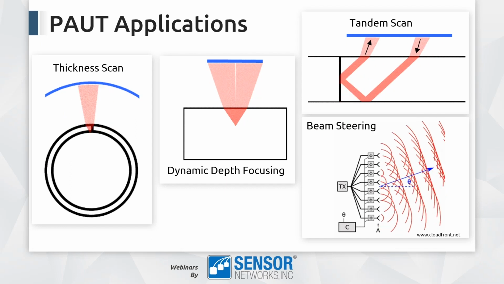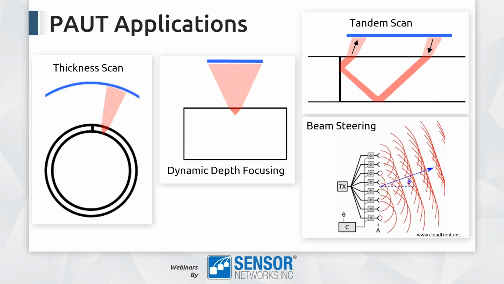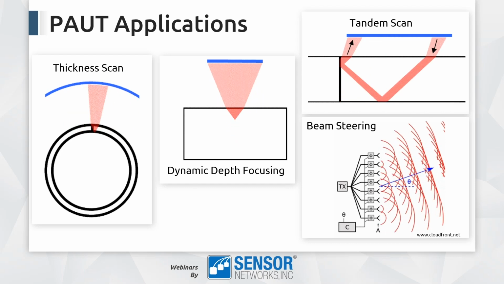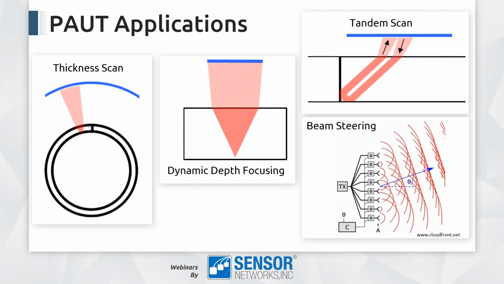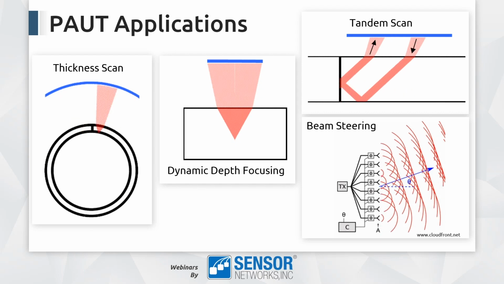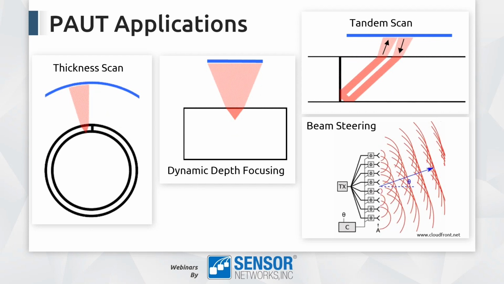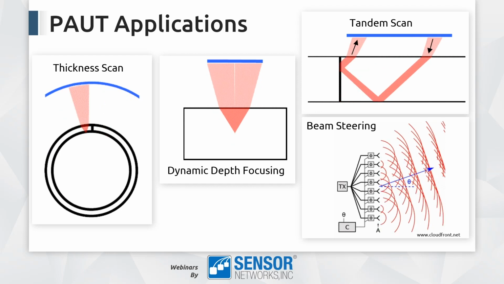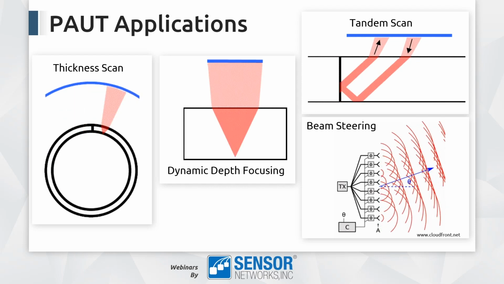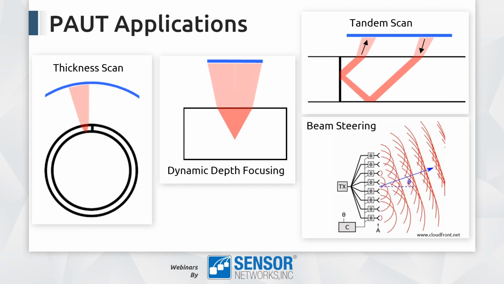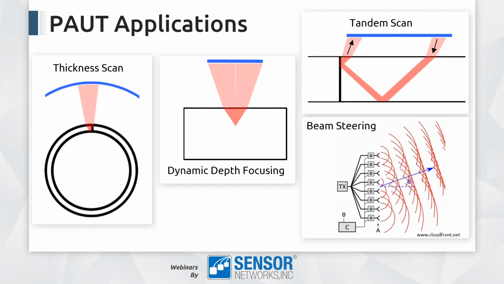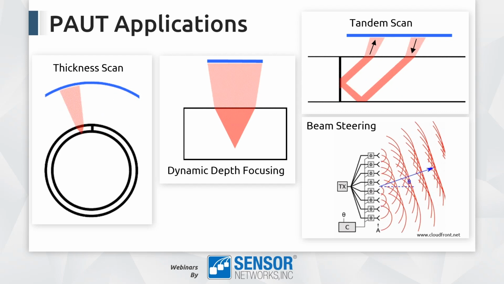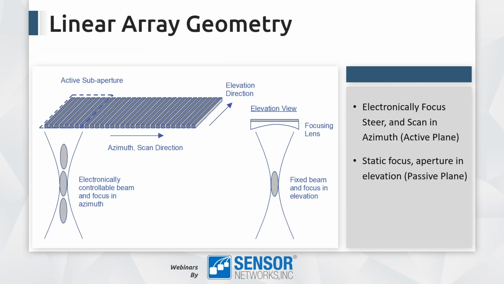Some of the things that we can envision doing with phased array are scanning, as I mentioned, and changing focal depth in the material, the center graphic being dynamic depth focusing. Sometimes the active aperture is not the same for emission and reception, such as in the tandem scan shown there. And of course, beam steering and sweeping of the beam by steering.